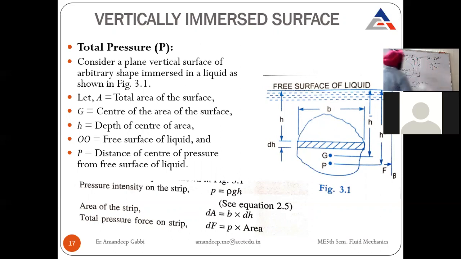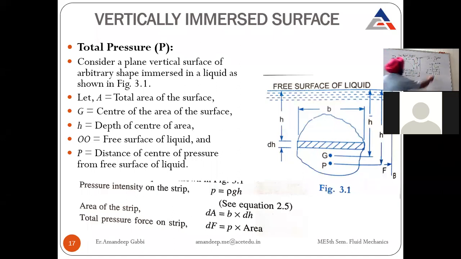Integration of h into dA is equal to A into h bar. Now F is equal to rho g A into h bar, where h bar is the distance of the center of gravity from the free surface.